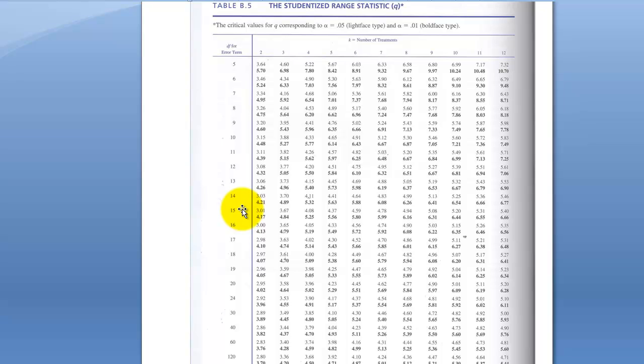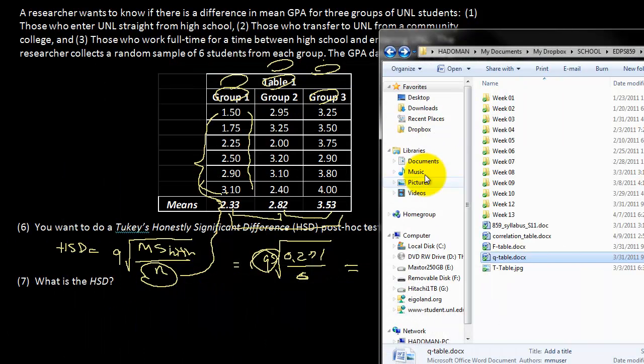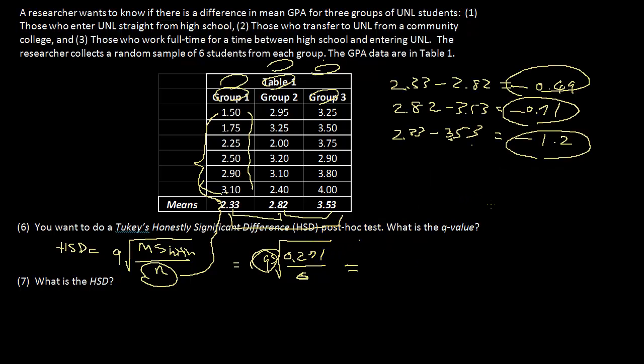We are using the 0.05 alpha level, so we use the lighter face type. And in this case, it's not the degree of freedom between. Actually, this is just the number of groups. So we take 3 and 15. So 3.67. So Q is 3.67.